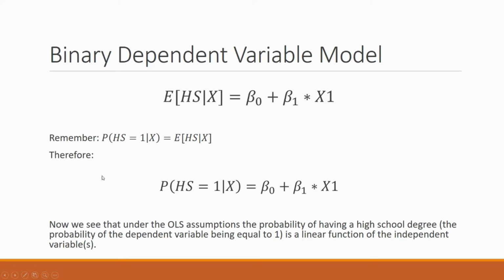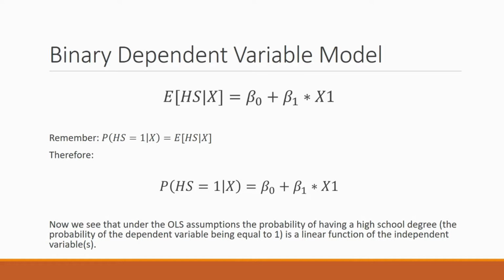So what we're saying is, if the OLS assumptions hold, then the probability of having a high school degree is a linear function of the independent variable or variables.